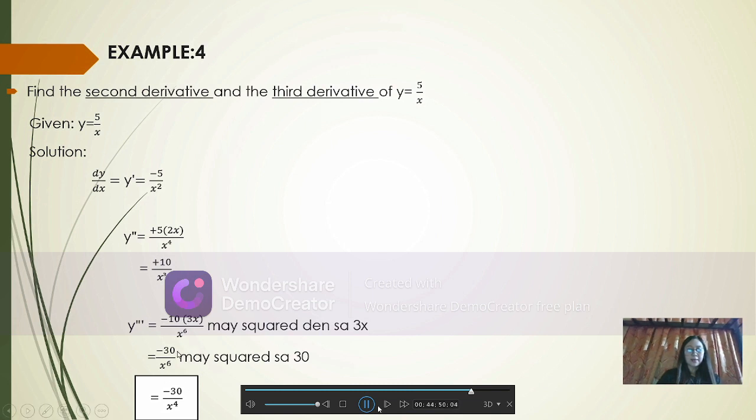Then, dito din is equal to negative 30x squared over x to the 6th power. May squared din siya dito. So the answer is negative 30 over x to the 4th power.